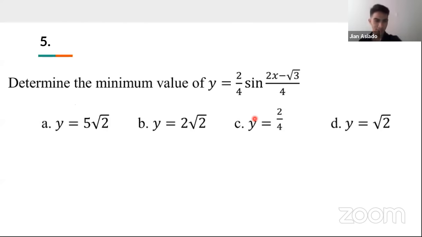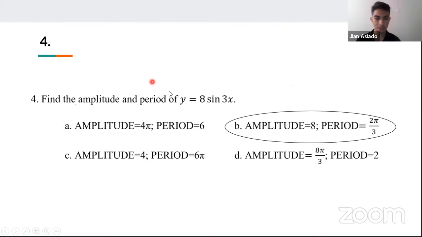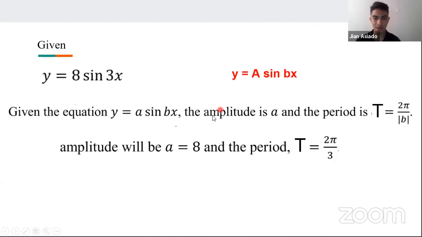Number 5, determine the minimum value of y is equal to 2 over 4 sine of this thing. What we can do is, the minimum value is actually just the amplitude. Minimum and maximum.